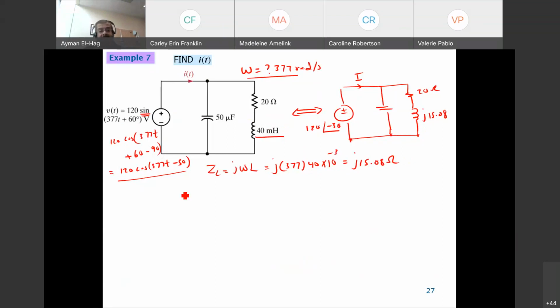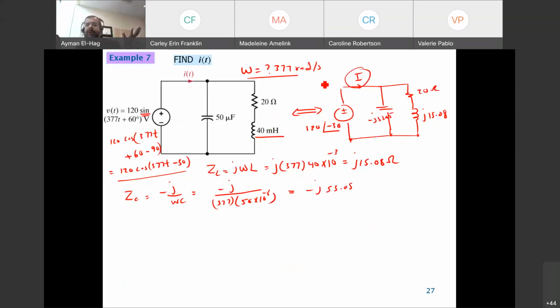We are left with the capacitor, which is ZC, equal to minus j over omega C. So it's equal to minus j over 377 times C, where C is 50 times 10 to minus 6. If you do the calculation, this is equal to minus j53.05 ohm.